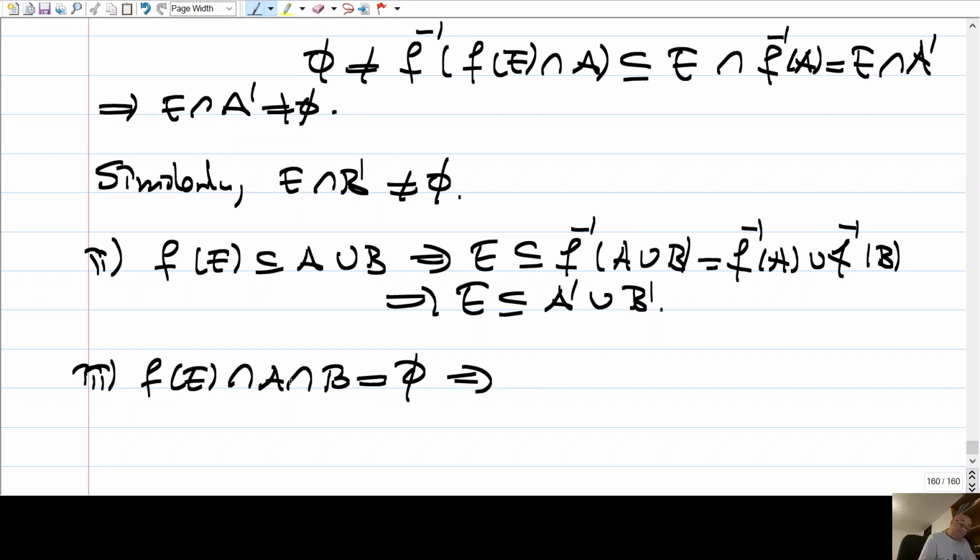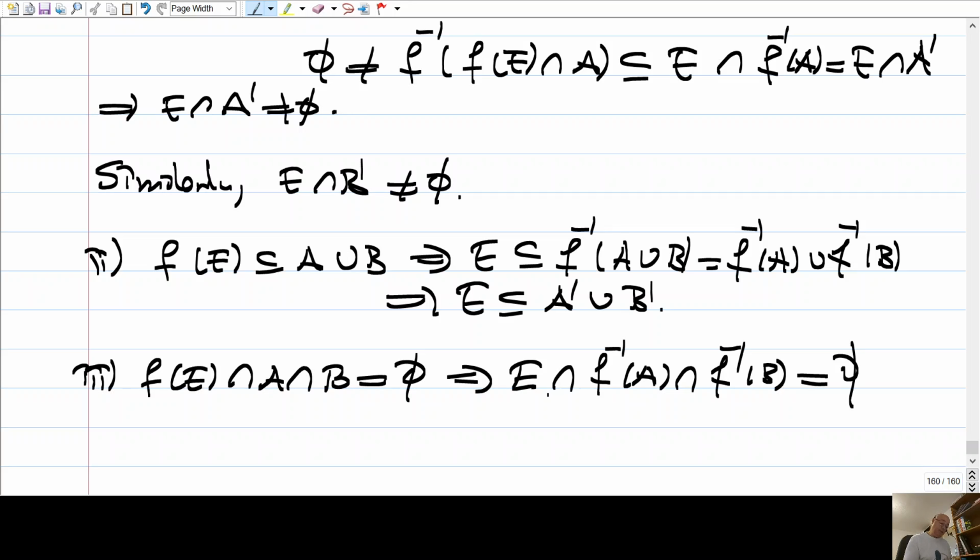This is empty, therefore the preimage of this, E intersection A prime intersection B prime, would be empty, right? Because if there's a point here, the image of that point would be in f of E, and would be in A and in B. Therefore, this intersection would be non-empty. Therefore, this is empty.